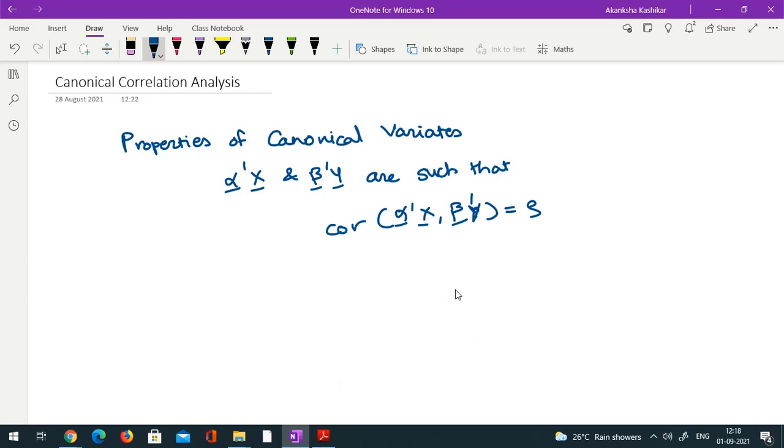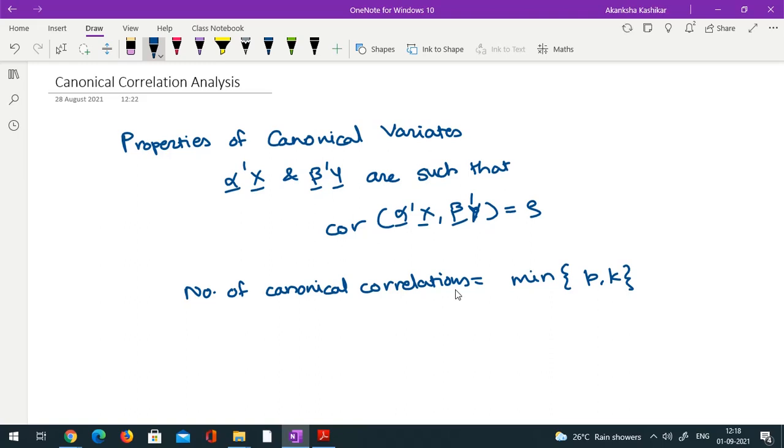So of course for every canonical correlation we will have one pair of canonical variates. So we saw that generally the number of canonical correlations will be minimum of p and k. Am I right? These were the notations we were using: X1, X2, up to Xp and Y1, Y2, up to Yk.